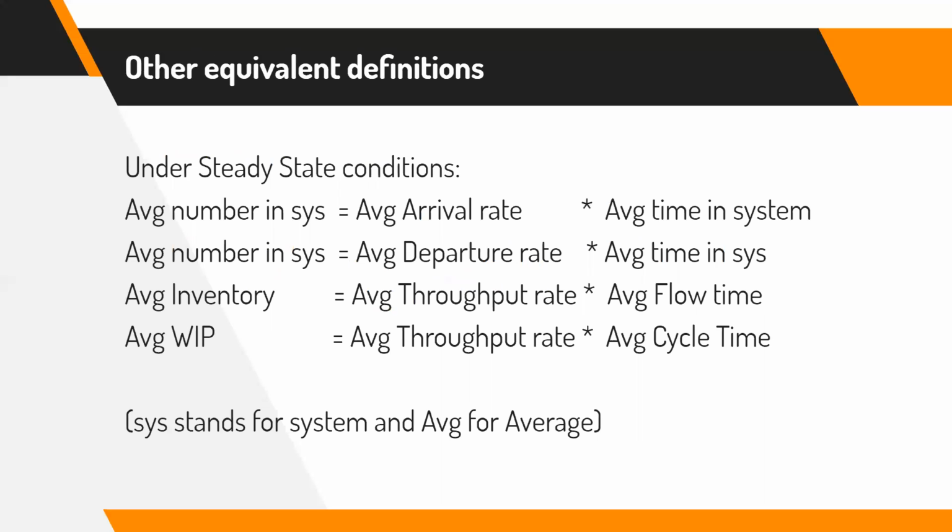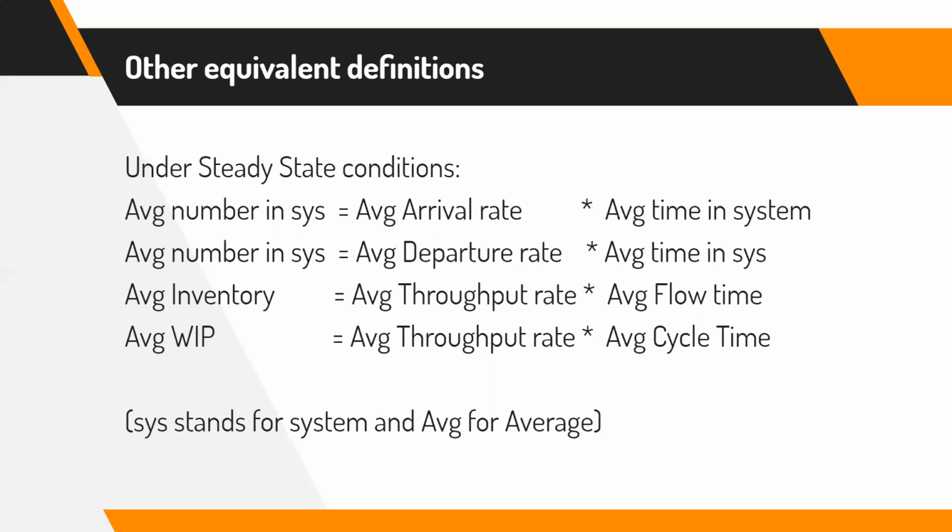There are some other equivalent definitions of Little's Law, such as given on this slide, where we can represent various factors like average number in system as average arrival rate times average time in the system, which can also be represented as average number in system equal to average departure rate times average time in the system.